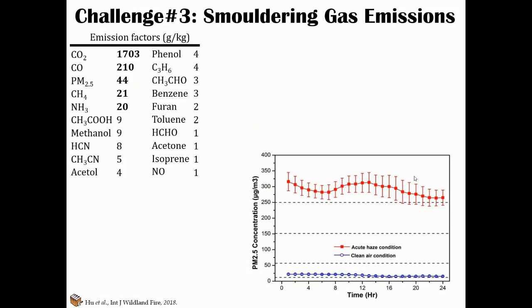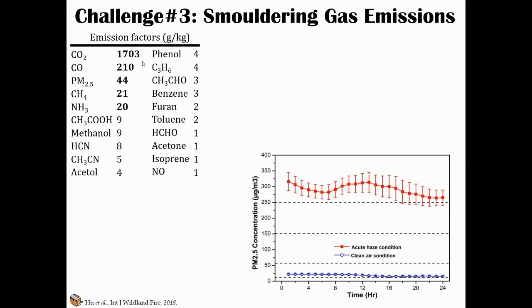And this is a concern in the modern world, because these fires are happening in natural areas and they actually end up affecting people. These are, for example, the emission factors that you will see when peat is smoldering, on average. You can see that the most abundant species is CO2, obviously, followed by CO, followed by particle matter.